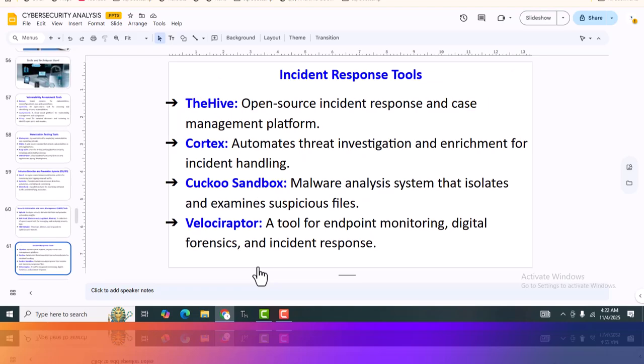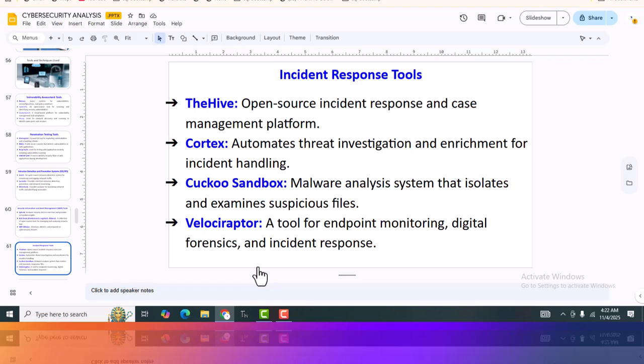We also have incident response tools. As I told you, we also need incident response planning, and in the planning we also have some tools that we can use, though it's not limited to this. Each of these we will treat individually: incident response, vulnerability analysis, threat intelligence.